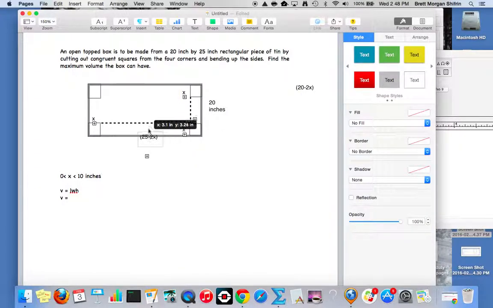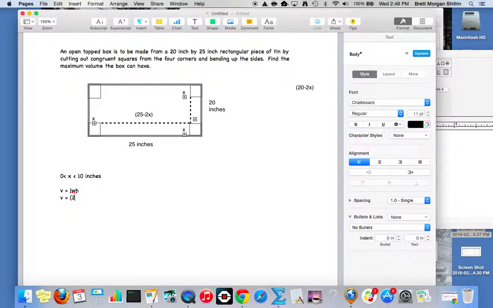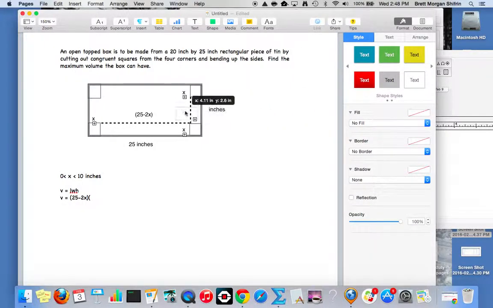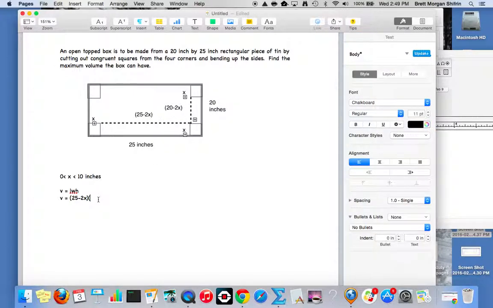So I get 25 minus 2x. My new width becomes, well, 20 minus 2x, because I'm subtracting this length x and that length x. And my height is going to be this length folded up, which is x.